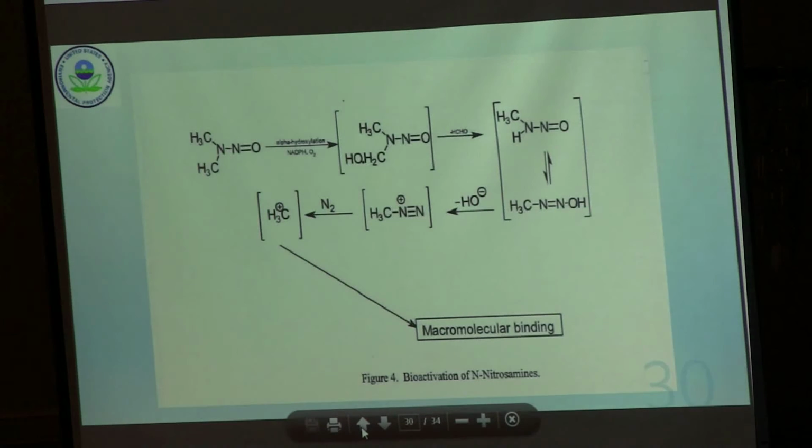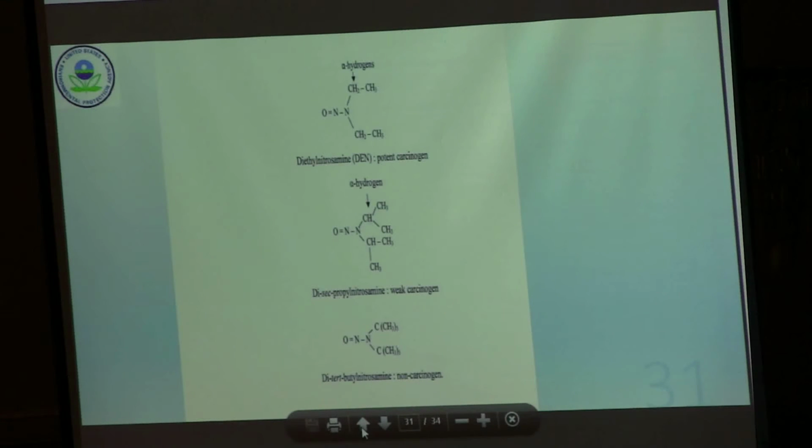And the last one is nitrosamine. Based on the biochemical mechanism, what is very important for nitrosamine is the alpha hydrogen. The data have shown that of these three chemicals, the top one has 2 alpha hydrogens and is a very potent carcinogen.